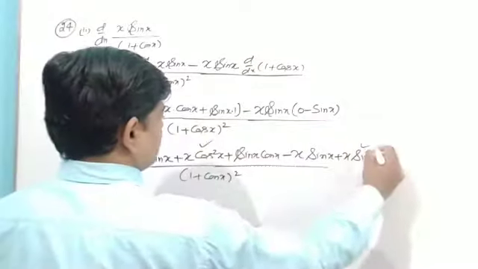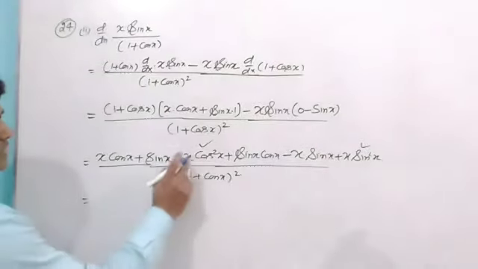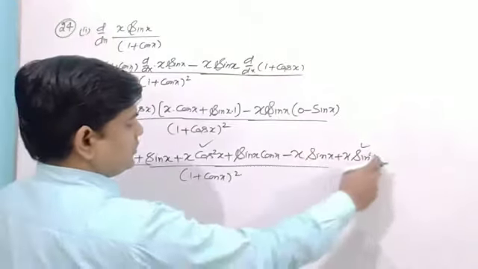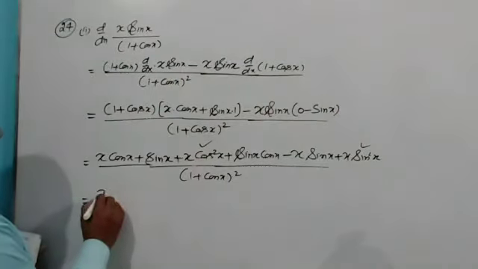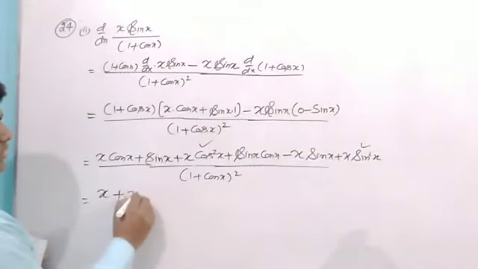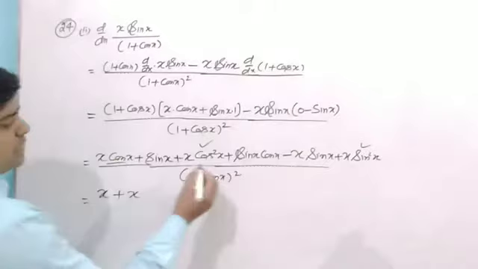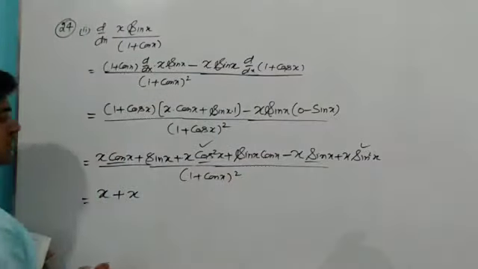This one and this one can come together. And the rest of the things, if I take this together, x cos square x and x sin square x will be common, and then simply I can see that sin square plus cos square x will be 1. I may write here x plus x, again I am taking this and this together.